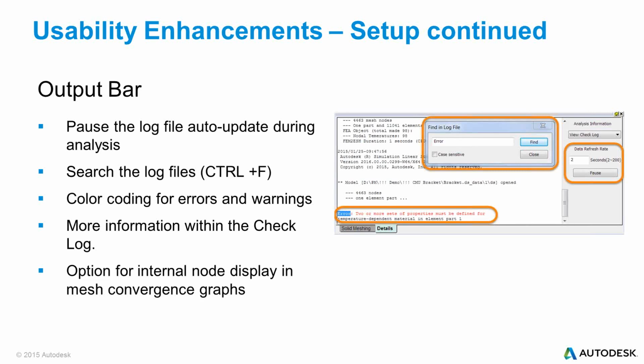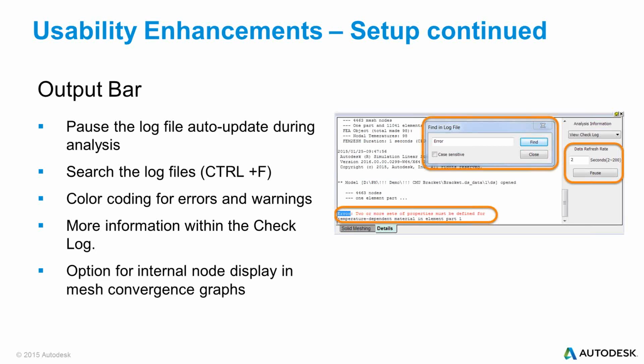We also added a search functionality to the output bar, which means you can find a word or a phrase by simply clicking anywhere in the output bar, using the right-click functionality and choosing Find, or simply using the shortcut key of Control F to get to that Find dialog.